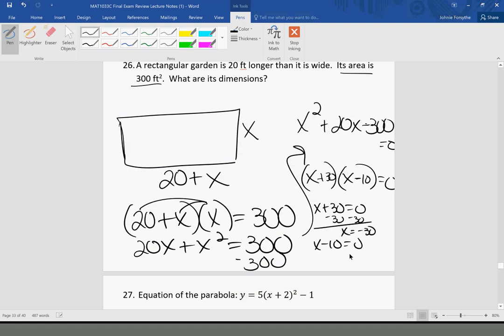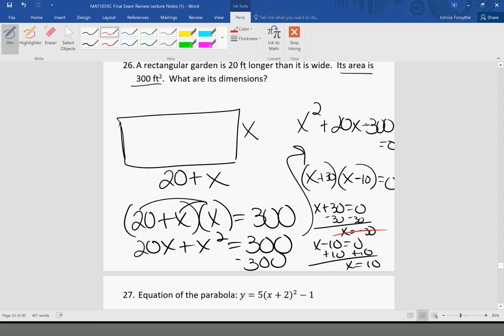So x equals negative 30, x equals positive 10. Now we're talking about an actual rectangular garden, right? Can you have a negative dimension? No, you cannot. So we're going to reject x equals negative 30.